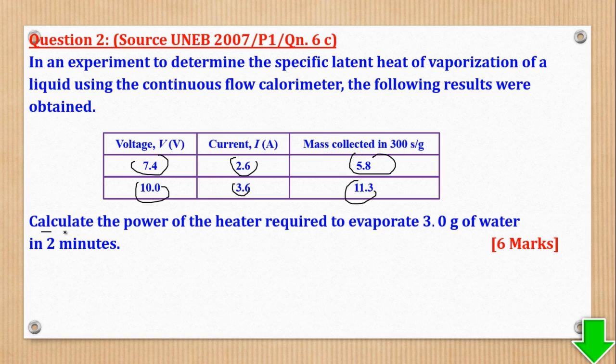They said calculate the power of the heater required to evaporate 3 grams of water in 2 minutes. So here in this question, these are the grams evaporated in 300 seconds, and with this, these are the grams evaporated in 300 seconds. Now they want the power of the heater required to evaporate 3 grams of water in 2 minutes.